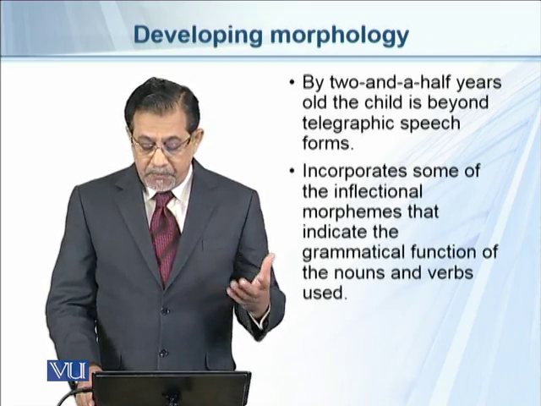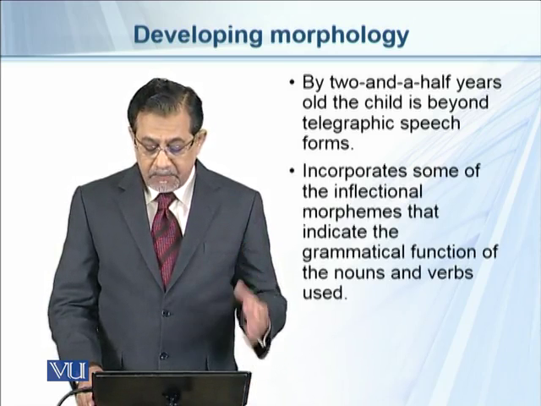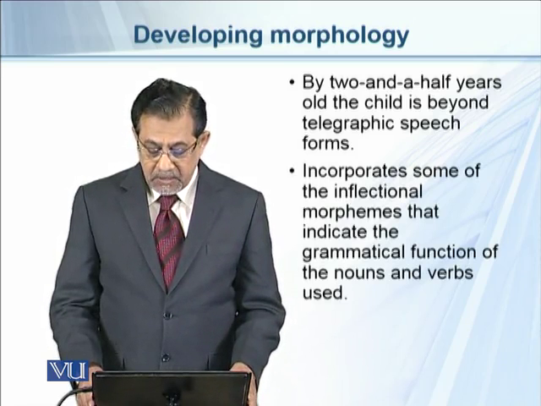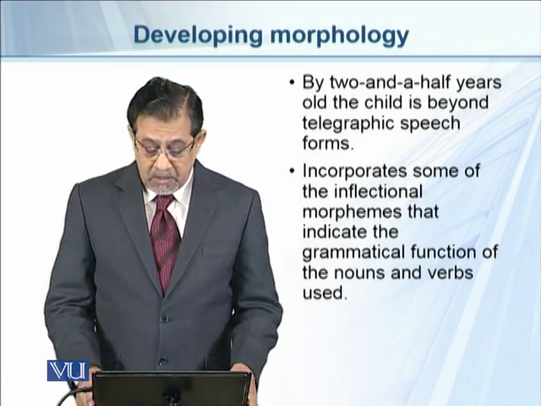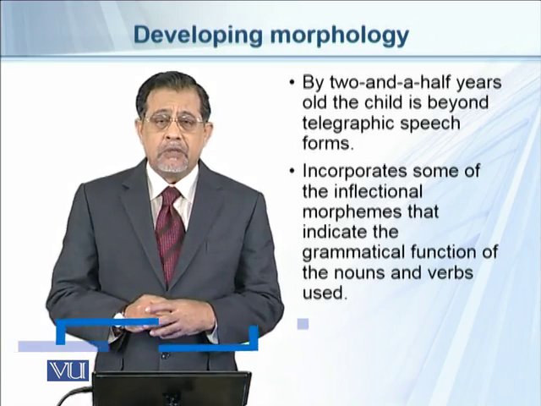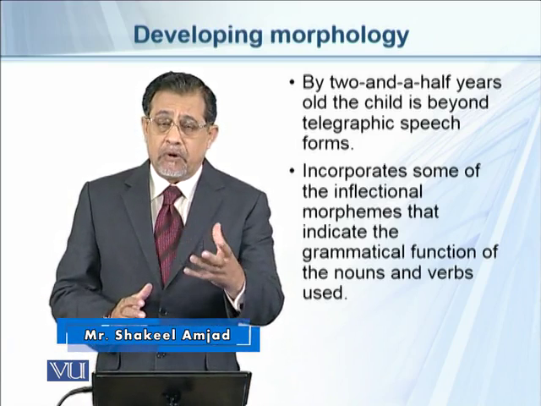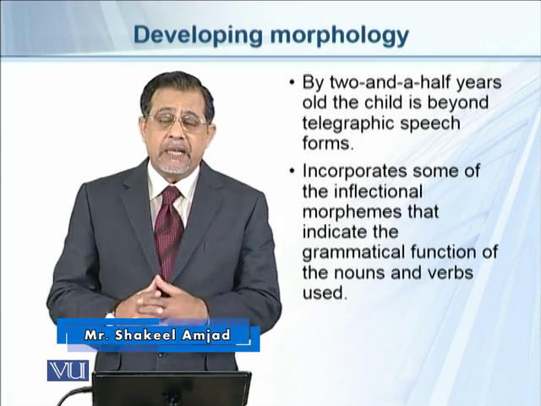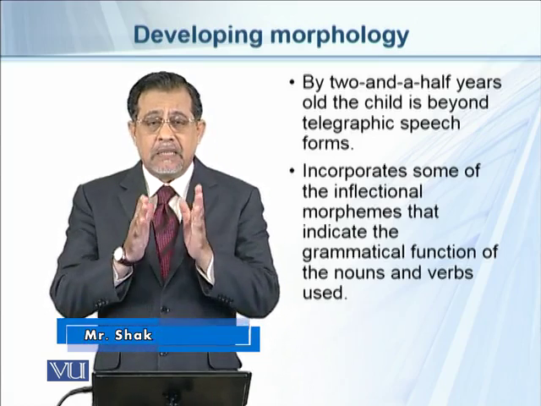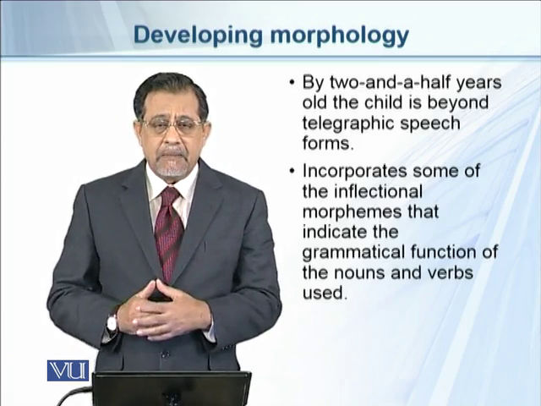The child incorporates some of the inflectional morphemes that indicate the grammatical function of the nouns and verbs used. So now the child has learned to use inflectional or grammatical inflections, especially of verbs and nouns, and that tells that the child has now taken a step into grammar as well.